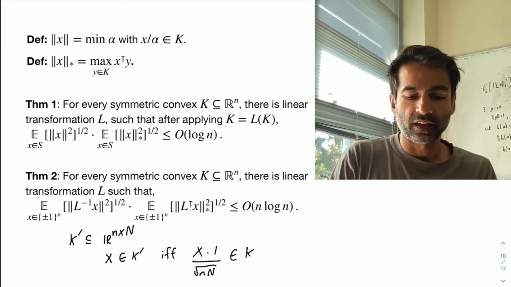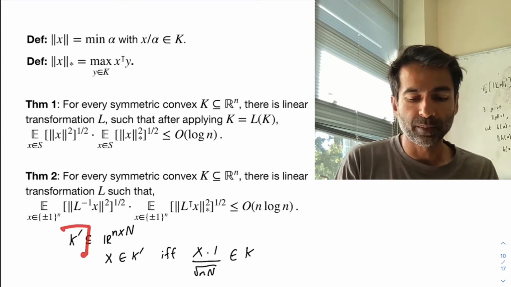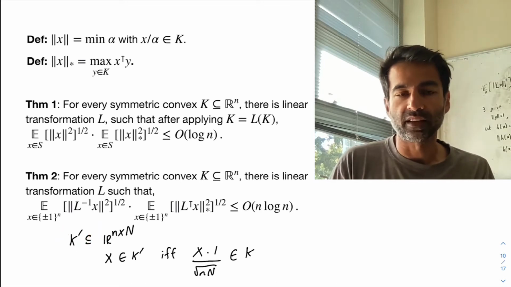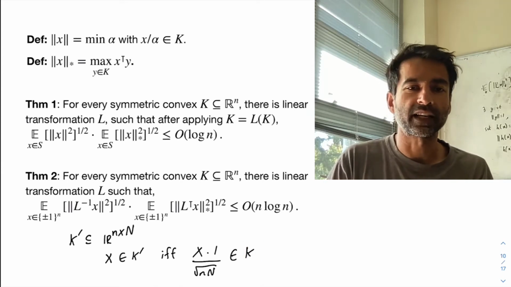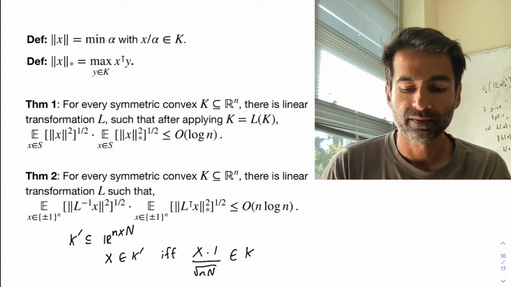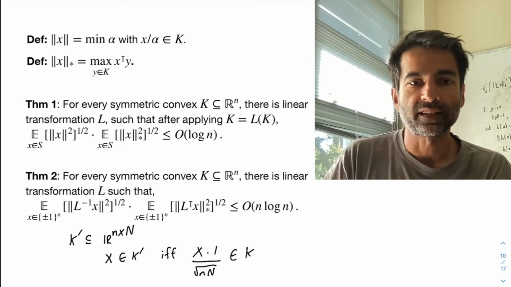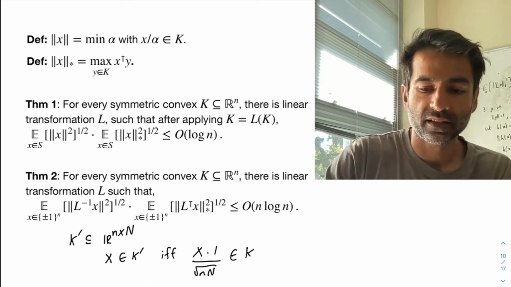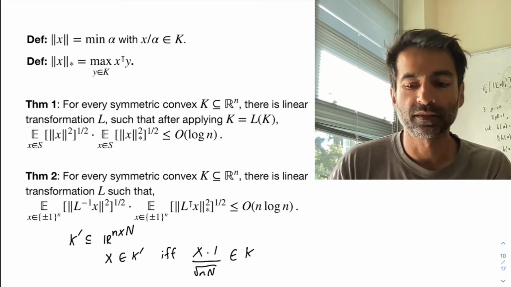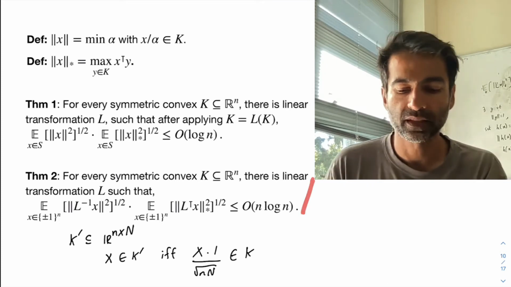So I claim that if you can prove theorem 2 for this convex body, then that more or less implies theorem 1 for this convex body. And again, I'll leave it to you to verify the details. All right, so now we're getting closer to the heart of the matter. We only need to prove theorem 2, and that's what we'll do.